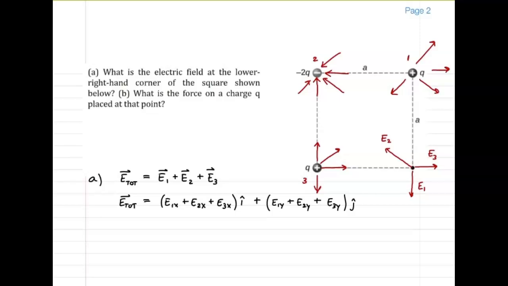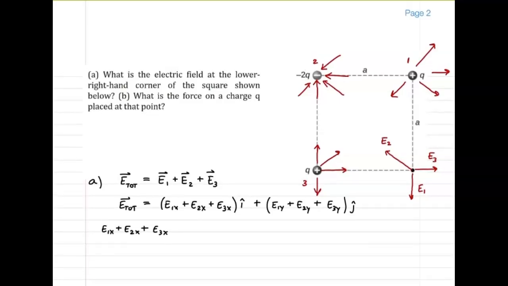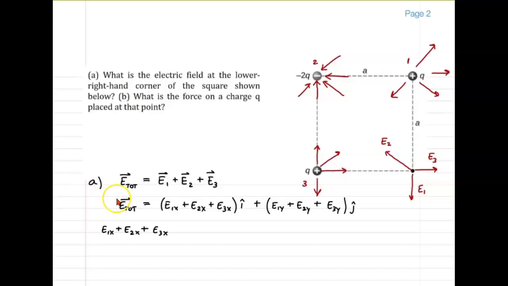E1x plus E2x plus E3x. So I'm just going to look at the x components now. What is E1x? Well, you can see that for E1, there are no x components, it's all in the negative y direction.